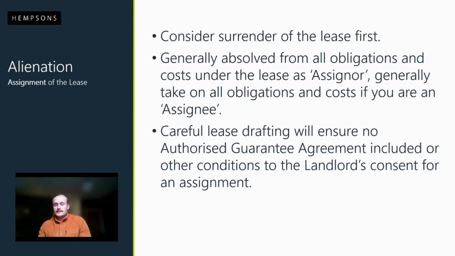This is where the outgoing tenant is effectively asked to keep an eye on the incoming tenant and be completely liable if the incoming tenant can't keep to their promises or make the payments under the lease. So with the chopping and changing that you might find for a GP practice, this isn't very practical. So we'd look to avoid this arrangement.